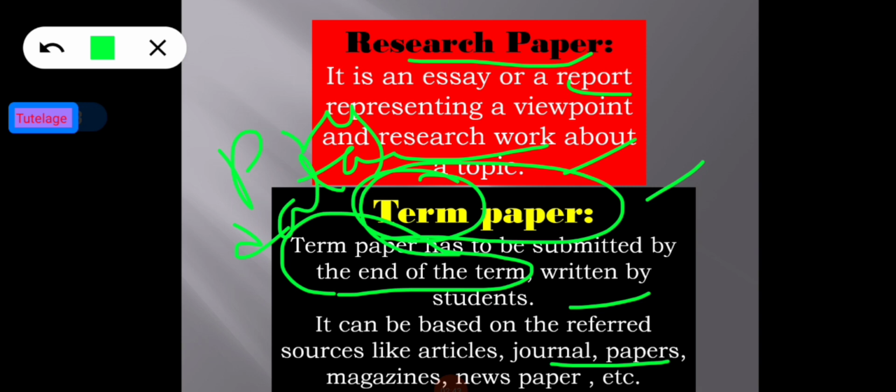It can be assigned to individual students or to a group of students. After submission, the student may also need to prepare a presentation of it and present it to an audience, including the panel of teachers and other students.